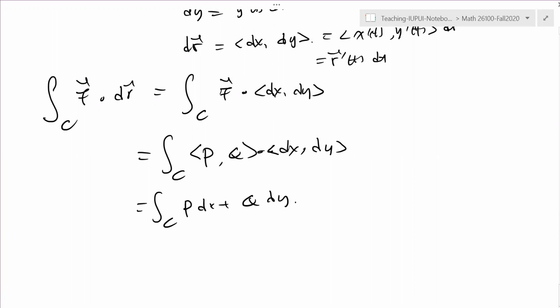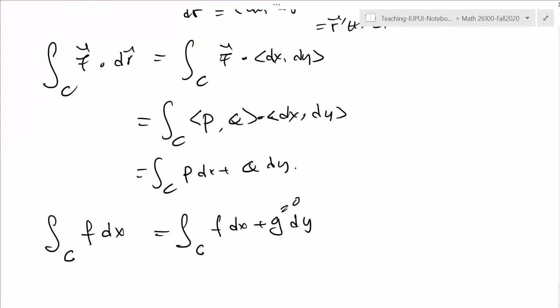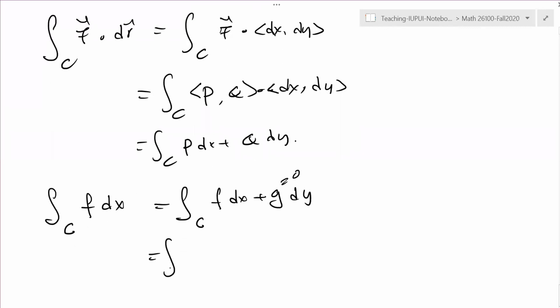So sometimes if we only see one component, so if we have a function f dx along the curve, this actually really means f dx plus g dy, and g is 0. In other words, this is the integral of a vector field along the curve.